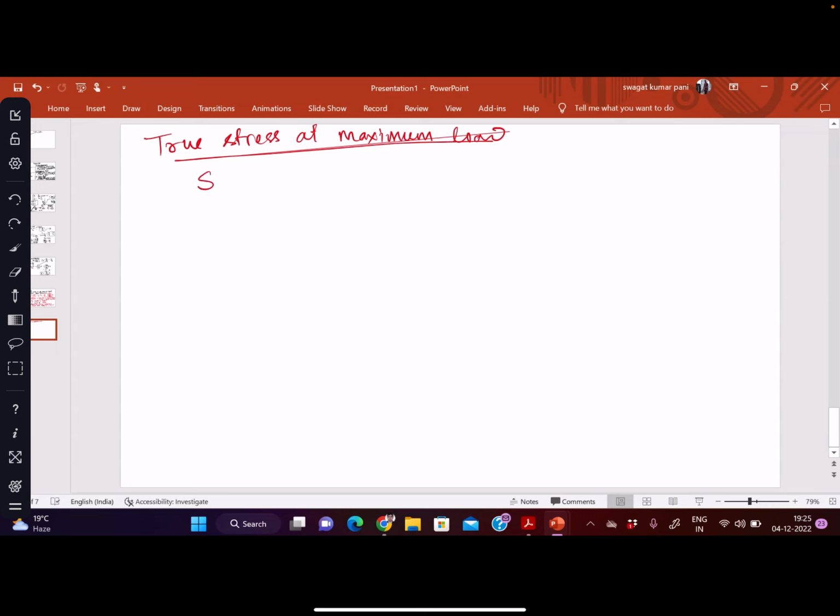You know the relation: engineering stress at maximum load is maximum load divided by original cross section area, and true strain at maximum load, where U is for ultimate tensile strength or compressive strength, is ln of initial cross section area by cross section area at the highest load.